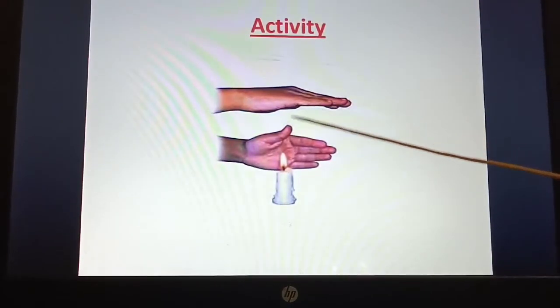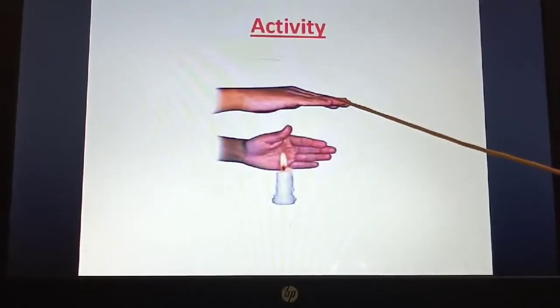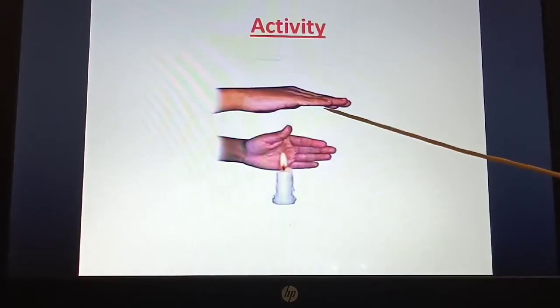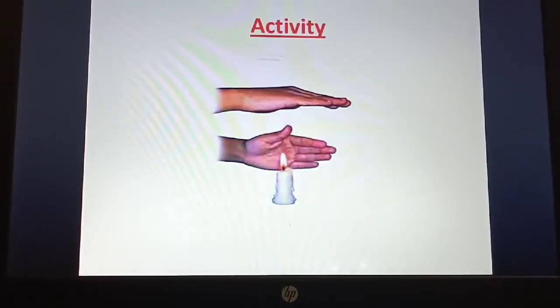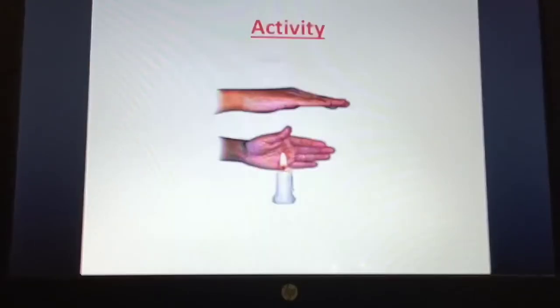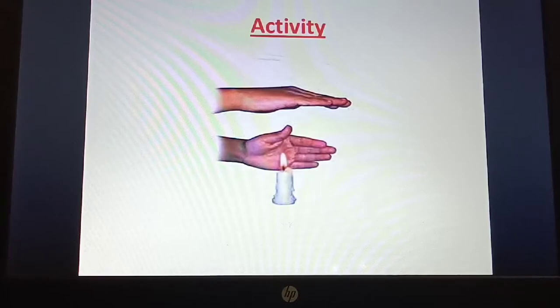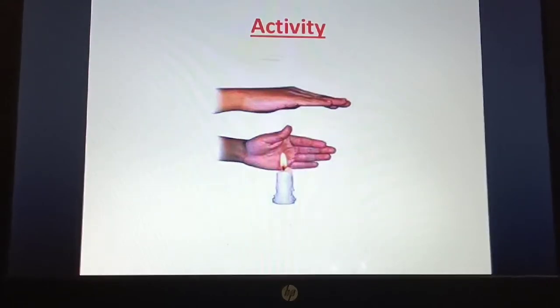Is it this or this? The hand which is above the candle will feel more hot, isn't it? Because the heat always goes up, not at the side. Heat always goes up. So the hand placed above the candle will become more hot.